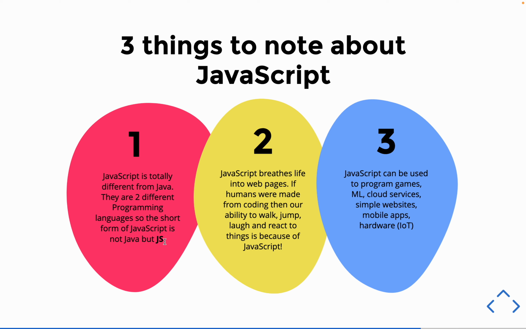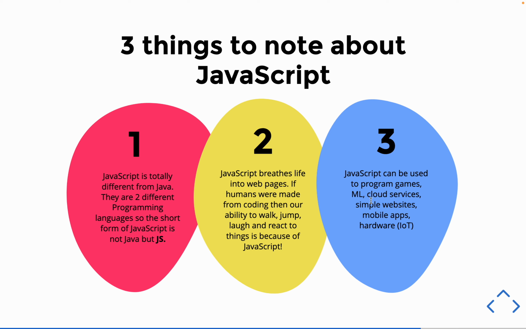The short form for JavaScript is JS. And like I said earlier, JavaScript breathes life into web pages. If humans were made up from programming, from coding, then our ability to walk, jump, laugh, and react to things is because of JavaScript.